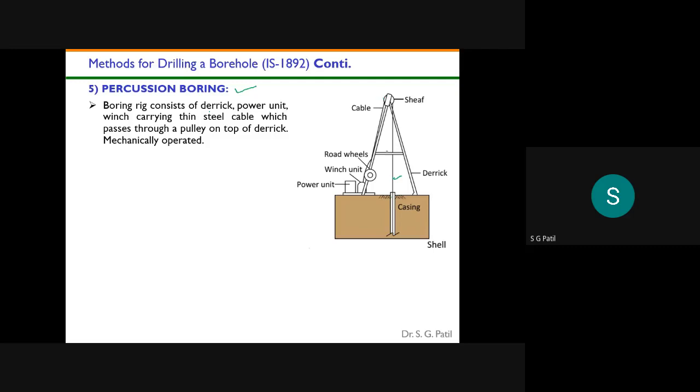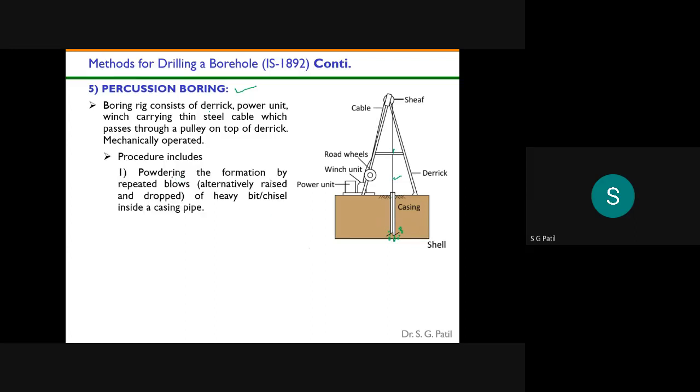Over that pulley there is a rope system, and here a winch unit will be there. With that winch unit you can raise this bit above the ground and then allow it to fall under gravity, and whatever solid particles are there, like boulders, will be crushed under that weight and made into powder.